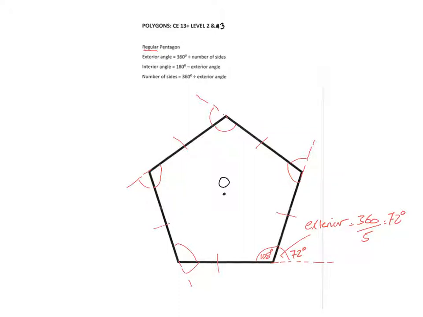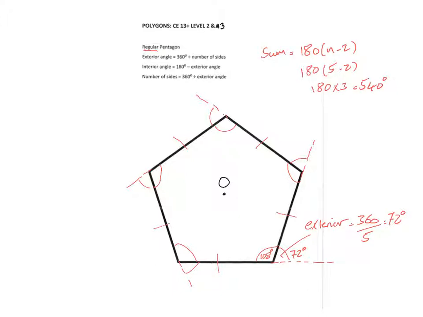Okay, then the sum of the interior angles of a polygon, so the sum, that means all of them added together, is 180 times n, the number of sides, minus 2. So in the case of a pentagon, that's 180 times 5 minus 2, which is 180 times 3, which is 540 degrees.